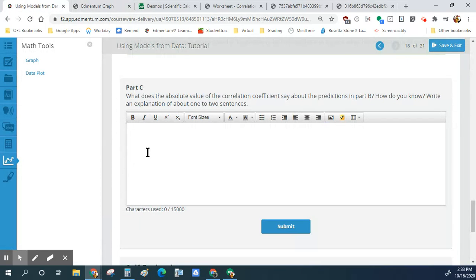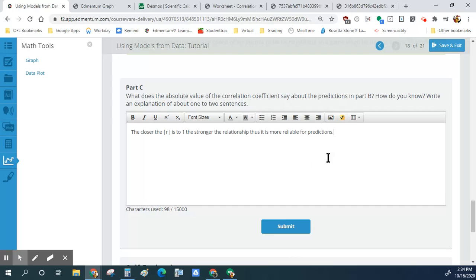So the closer the absolute value of R is to 1, the stronger the relationship, thus it is more reliable for predictions.